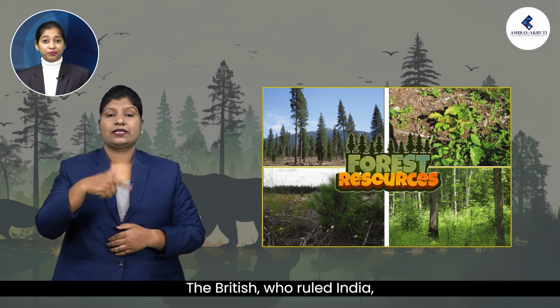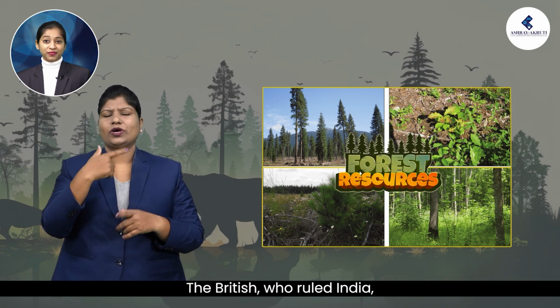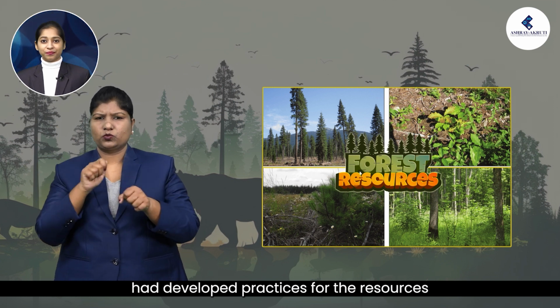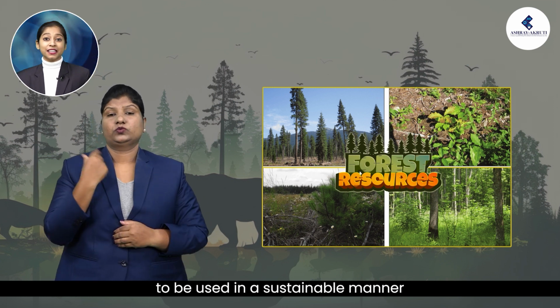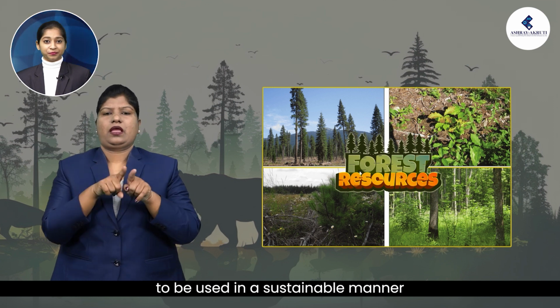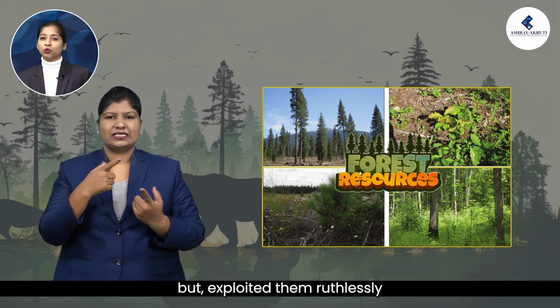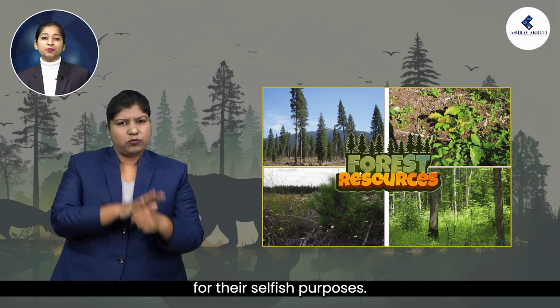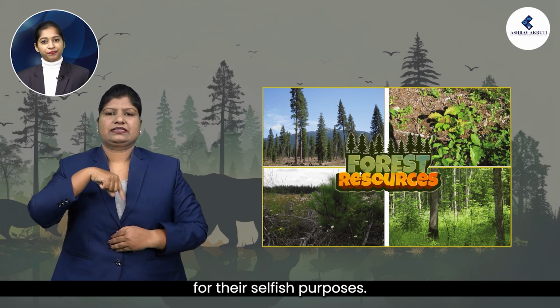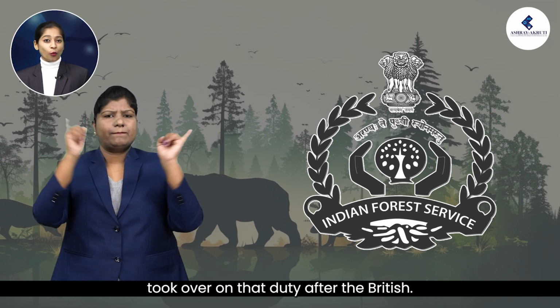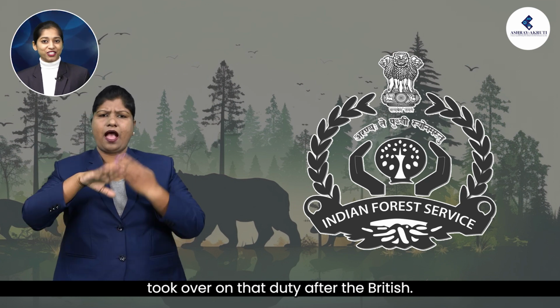The British, who ruled India, had developed practices for the resources to be used in a sustainable manner, but exploited them ruthlessly for their selfish purposes. The Forest Department of independent India took over that duty after the British.